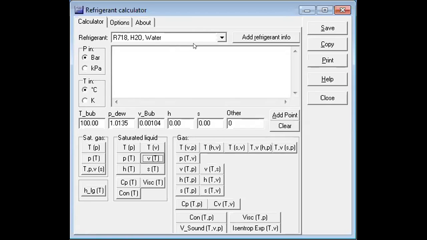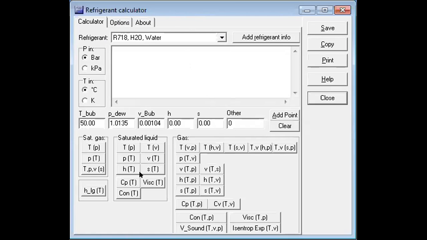So this is again from this R22 here. The refrigerant calculator is here. You can select anything, so I just select water. 100 here, whatever the temperature. And you can change the temperature to, let's say, 50.